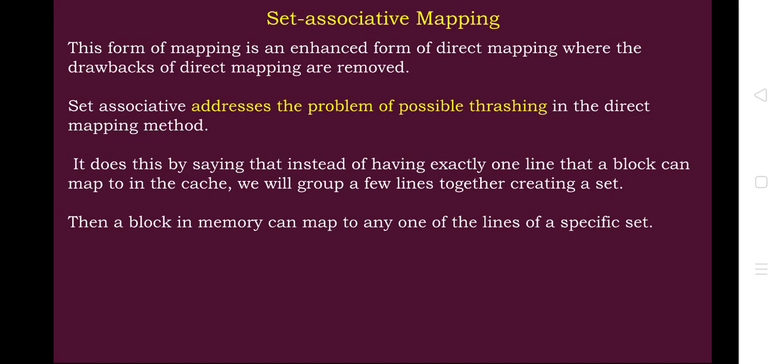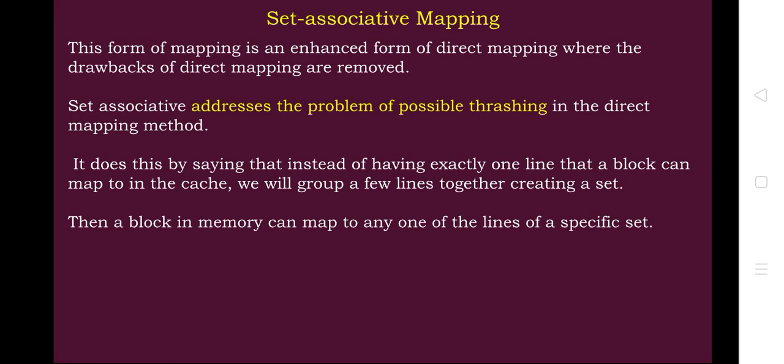If the data is not available in the whole set, only then will it ask for data from the main memory to the cache memory. By this, we are reducing the unwanted access from the main memory to the cache memory, and reducing the frequent transfer of data between cache memory and main memory. This is an advantage of set associative mapping.